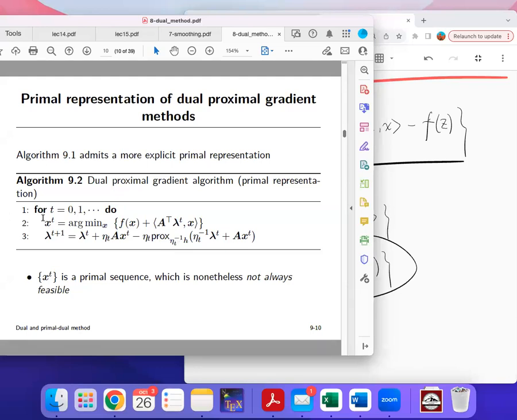The first update: given lambda t, we get xt by solving this problem, f of x plus this linear term, this multiplier term. Then we update lambda t by this step. This step involves this linear transformation and also this proximal mapping, and this proximal mapping only depends on the function h.